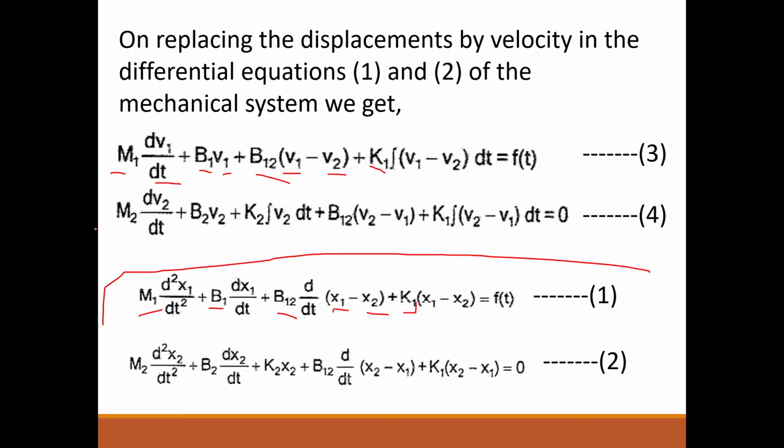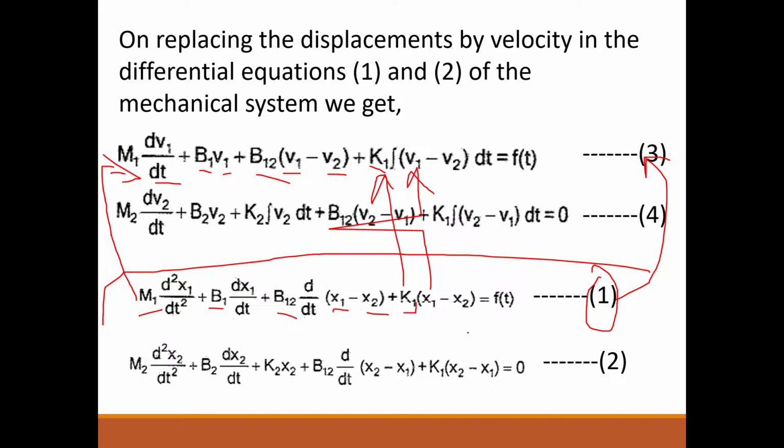So this equation we are converting into this equation. Okay, so this is equation 1. I am converting equation 1 into equation 3. So k1 you write it as it is. Integral of, sorry, x1 is replaced by what?